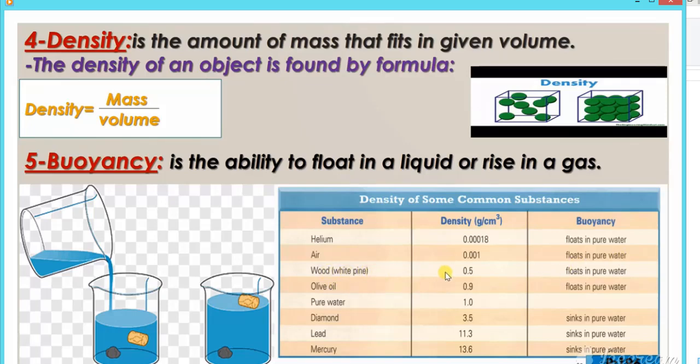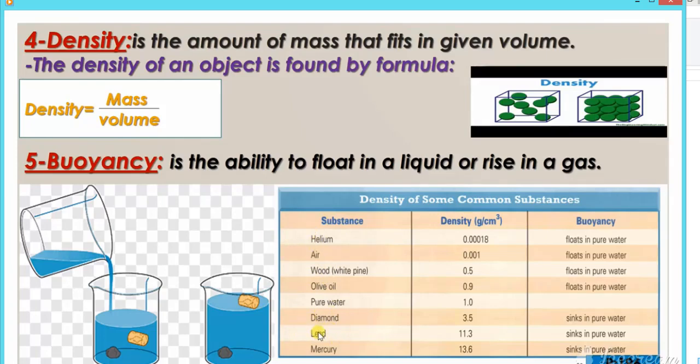Wood, white pine, 0.5, floats in pure water. Olive oil floats in pure water, with a density of 0.9. This means their densities are less than that of the liquid or gas.